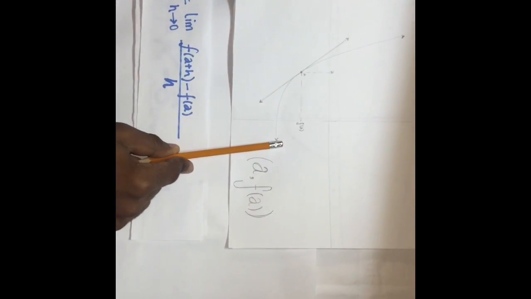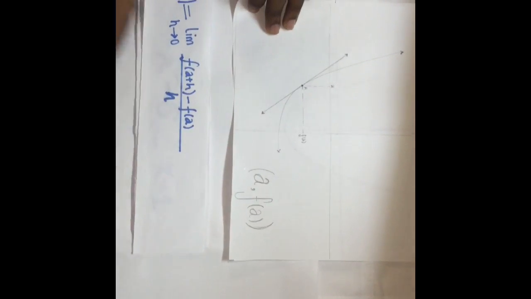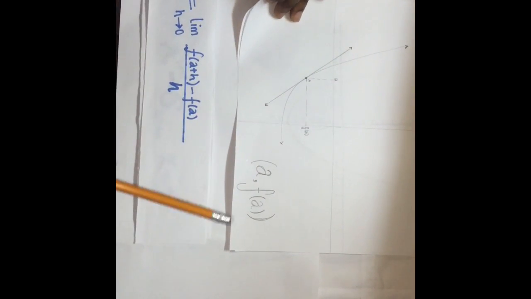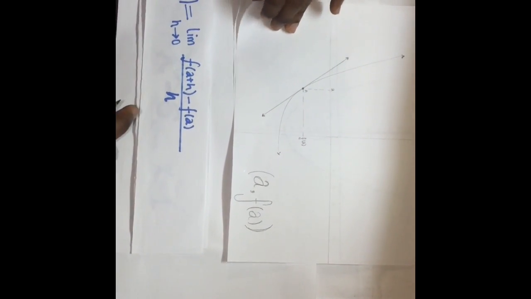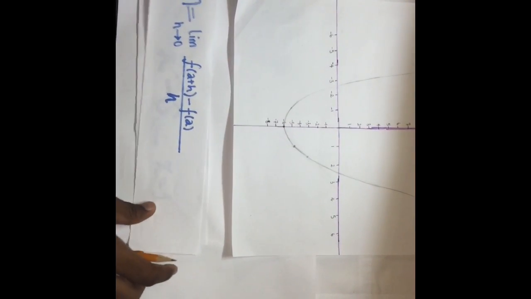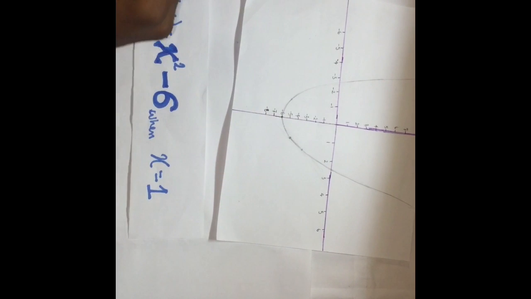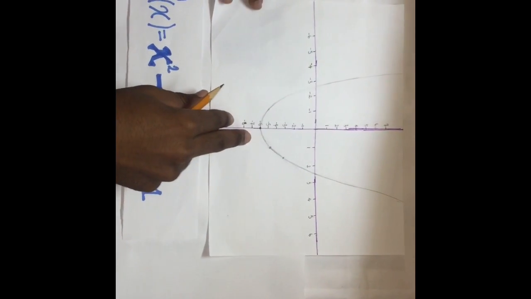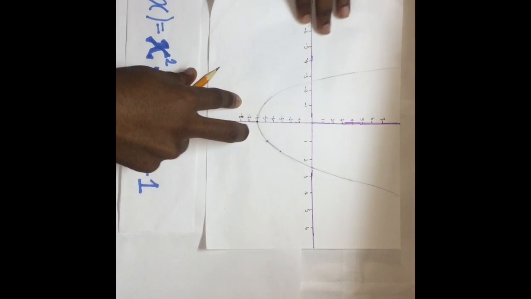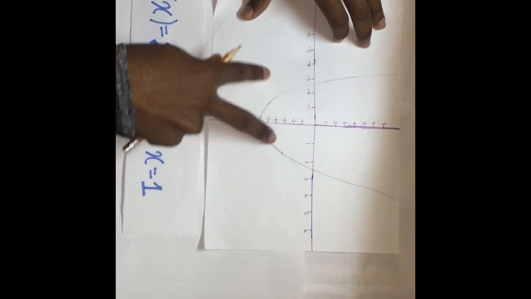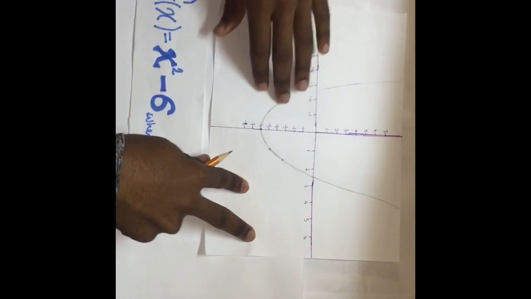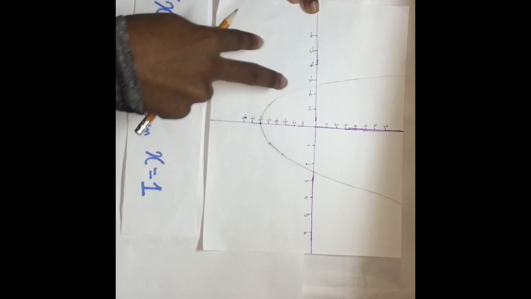Okay, so now I'm going to show you an actual function, and I'm going to try to use that to explain what I'm trying to say. So this is my actual function, and I'm going to show you 2 points.